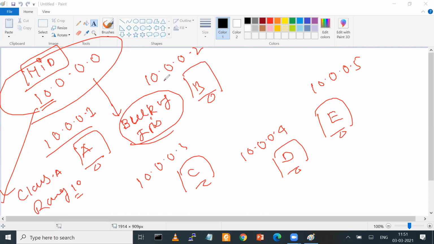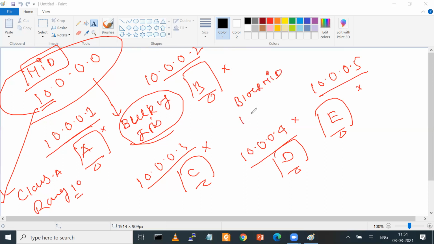Let's say I want to block all these devices. I don't want to allow these subnets. So instead of blocking each and every IP, I can block the network ID.